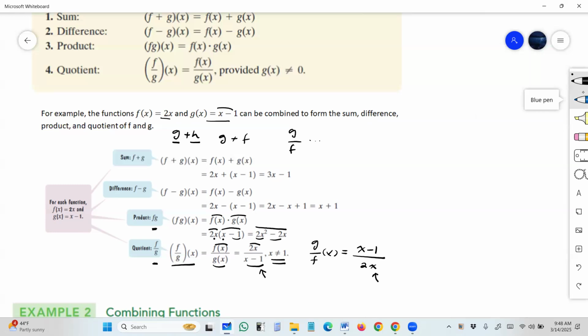In this case, the function after the combination, x cannot be 0, because if it is 0, then I have 2 times 0, which is 0. I cannot have division by 0. So sometimes, as they were saying before, the domain changes a little bit depending on what combination you have. But it's only going to happen with the quotient.